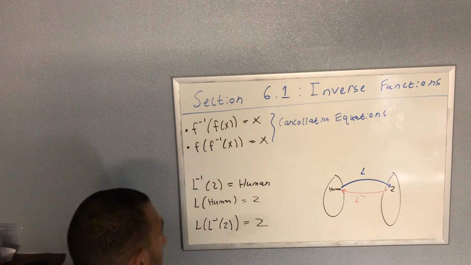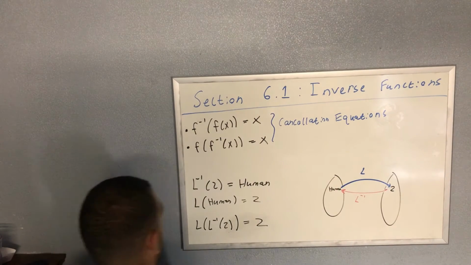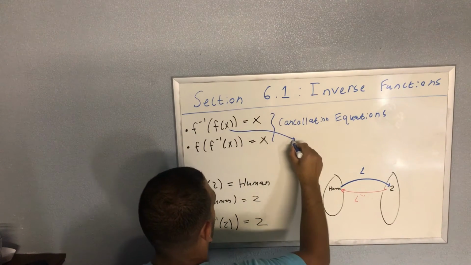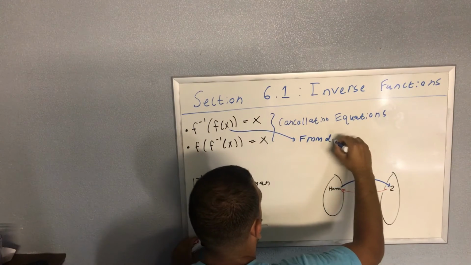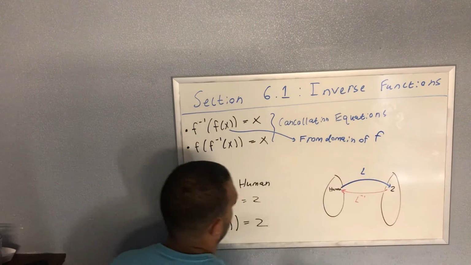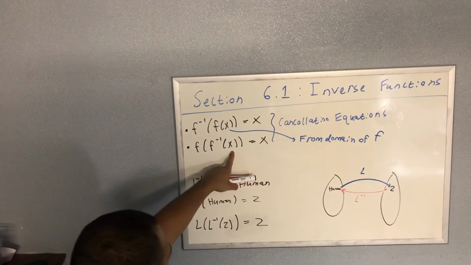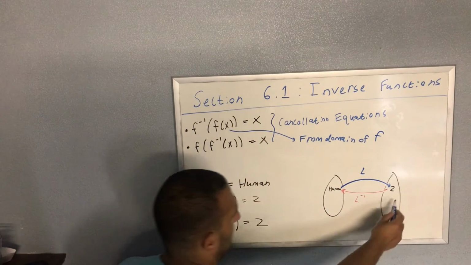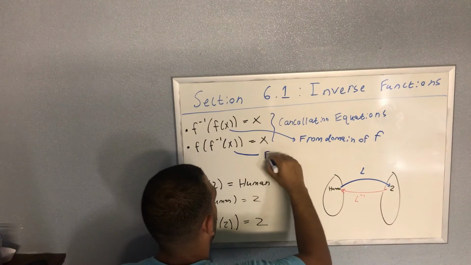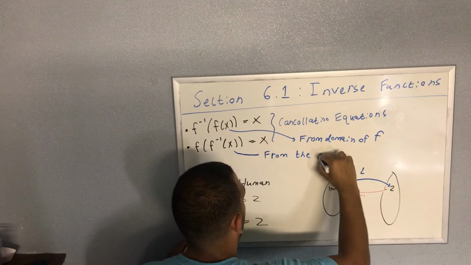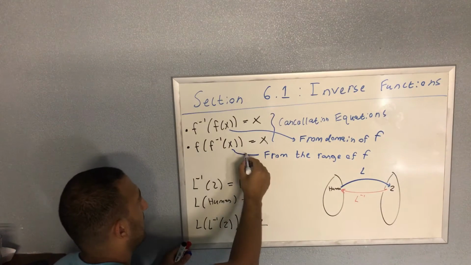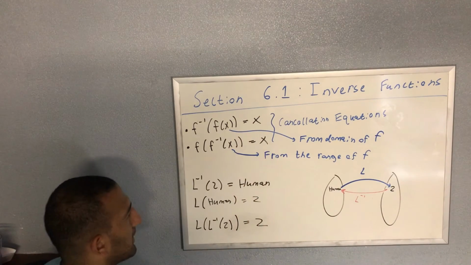So this x here is from the domain of f. This x is from the domain of the original function, the domain of L in our case. But this guy, like 2 here, was from the range of L. So this x here is from the range of f. So it's really important to keep track of where this x is coming from.